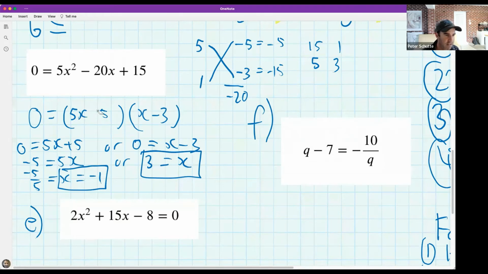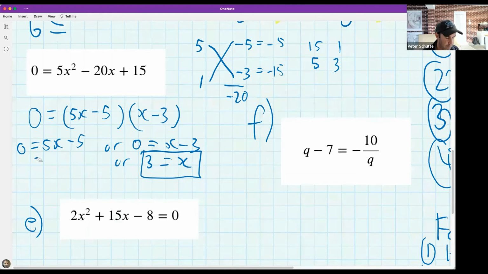So I have made a little boo-boo there. Then we get 5x - 5, so this bit over here is 5x. And if we divide both sides by 5, we get that. So apologies, x is 1 and x is 3.